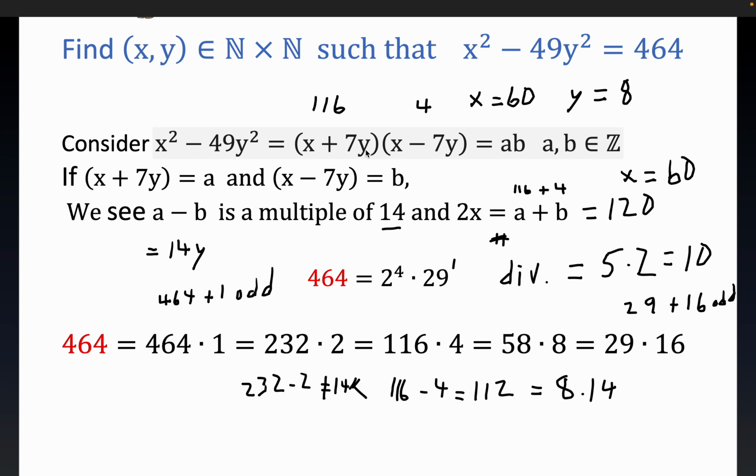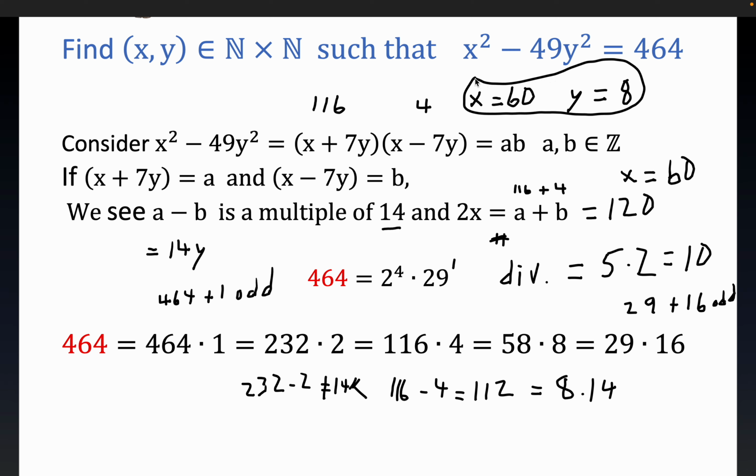And you can check it on either side, folks. If you have 60 right here and 56 right here, which is 7 times 8, you get 116. And the same thing right here. If you have 60 right here, 7 times 8 is 56. 60 minus 56 is 4, right? So this is our ordered pair solution right here, folks. 60 and 8, and it's the only one.